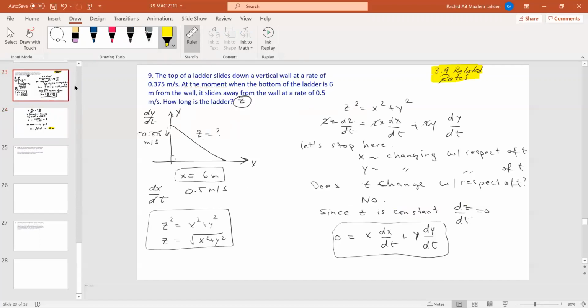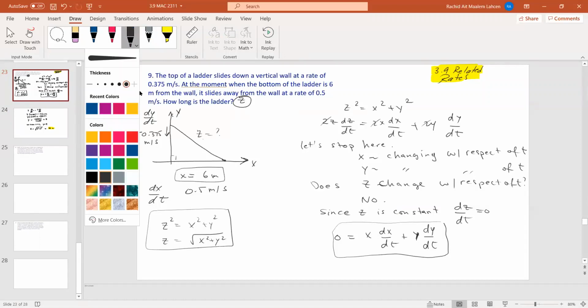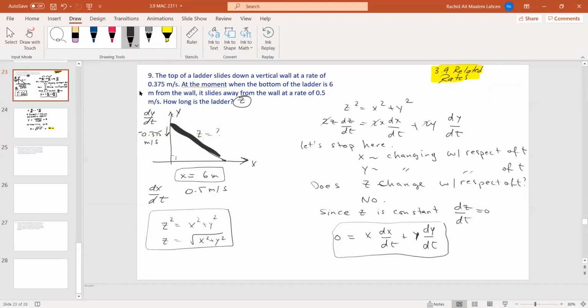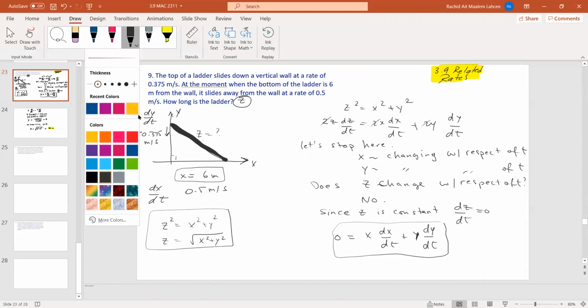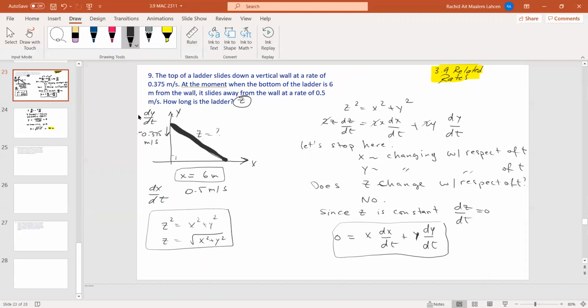All right, so let's summarize again this example. It's sliding down at this rate, and in the x direction it's sliding this way at this rate.